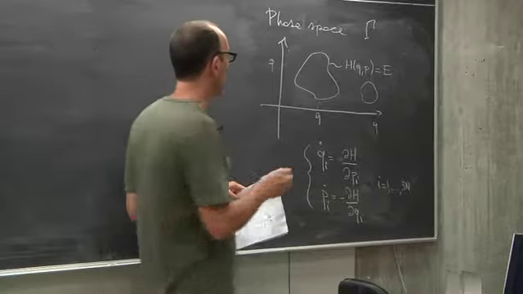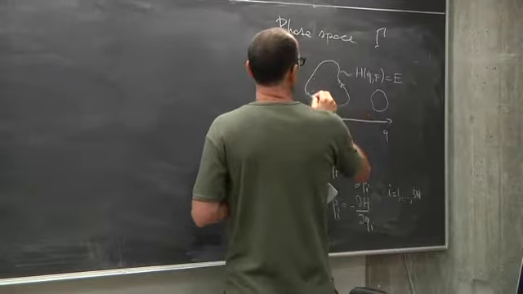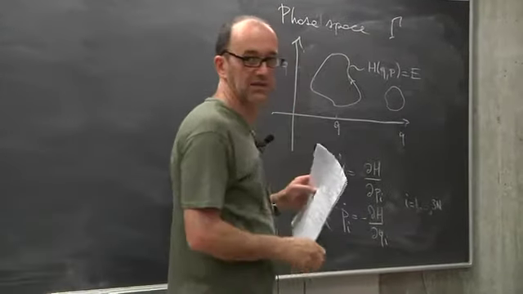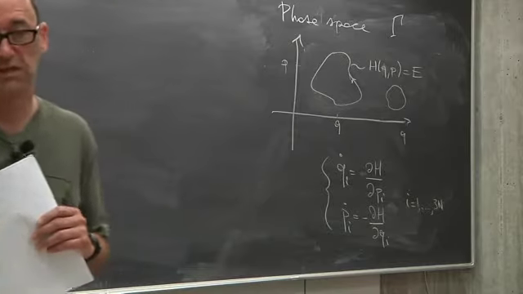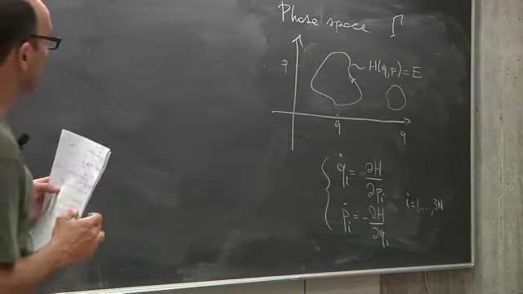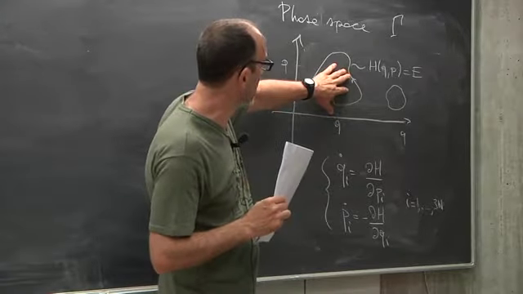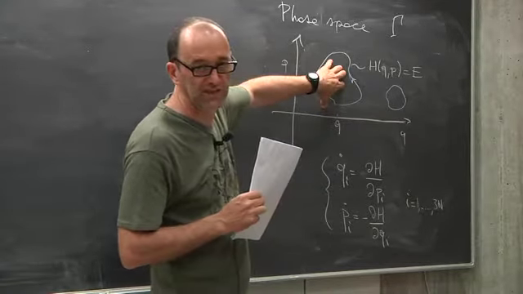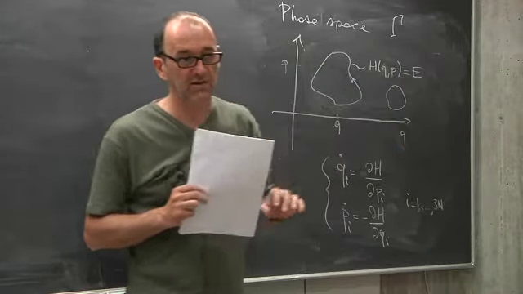So if you start your system on one particular part, you may never visit the other part. The dynamics will sample uniformly all the states here and never sample the states there.